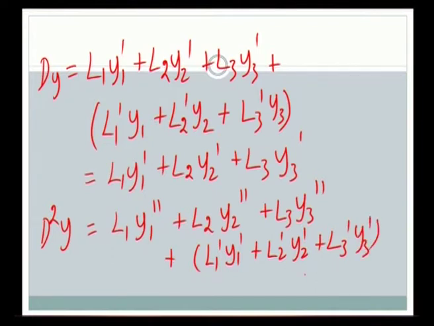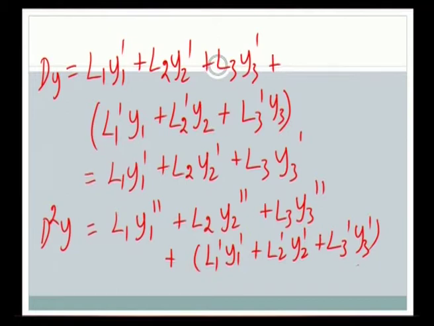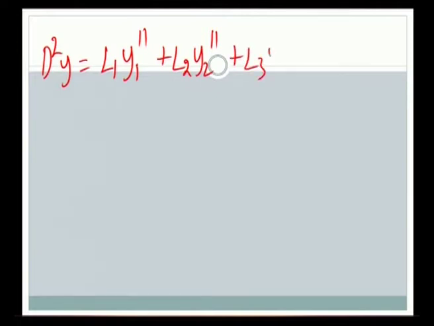This is also equal to 0 according to the condition, so this part will become 0. So, we get d square y is equal to L1 y1 double prime plus L2 y2 double prime plus L3 y3 double prime.